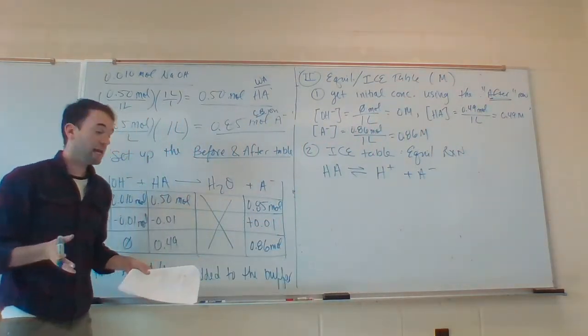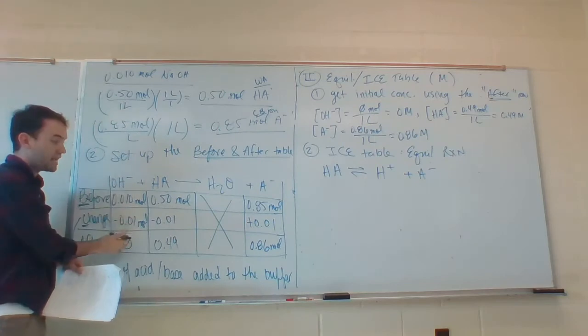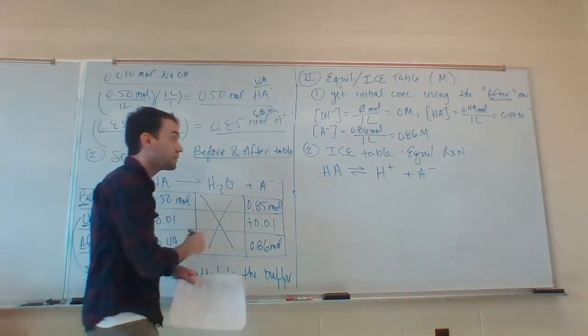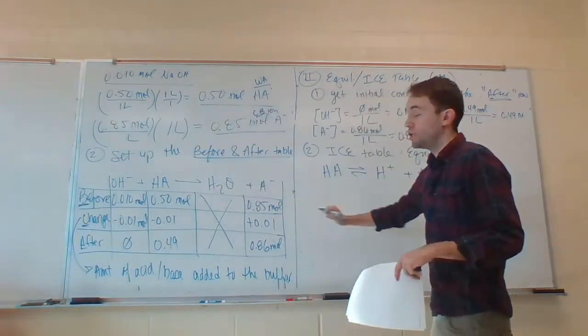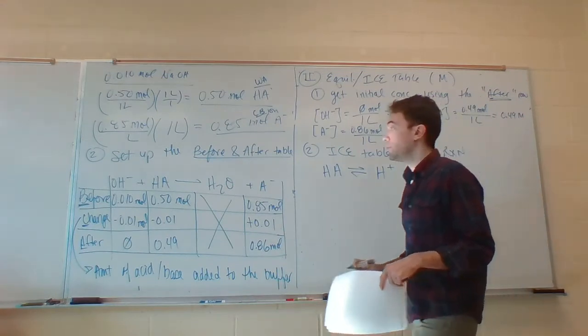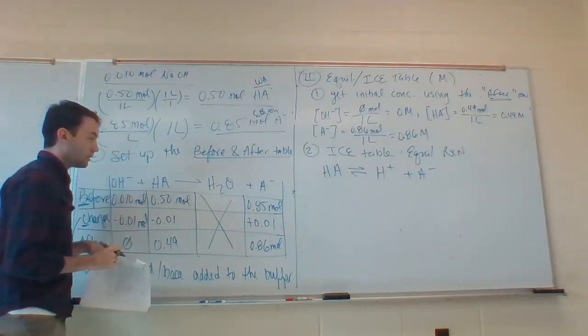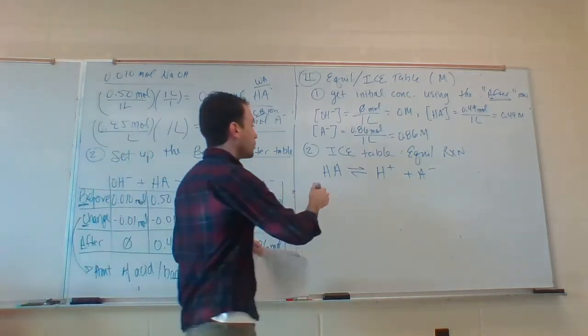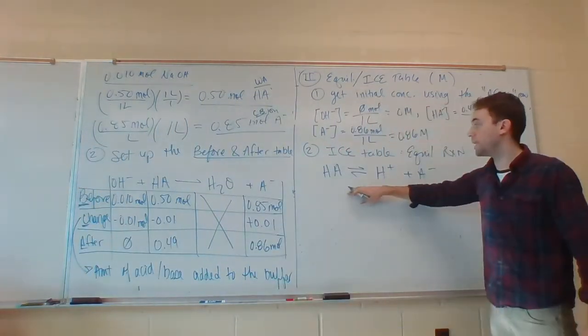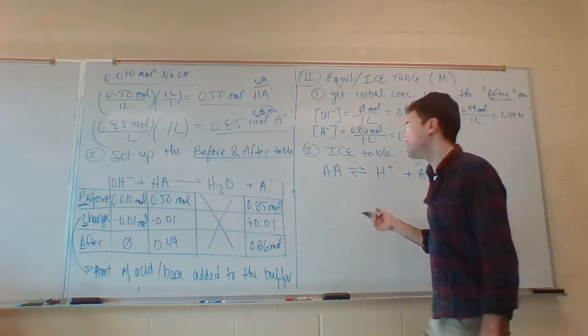We aren't including any of our acid or base that we added because it's already been used up. We assumed that we went all the way to completion. And now we're just going to figure out the equilibrium based on what happens after that.